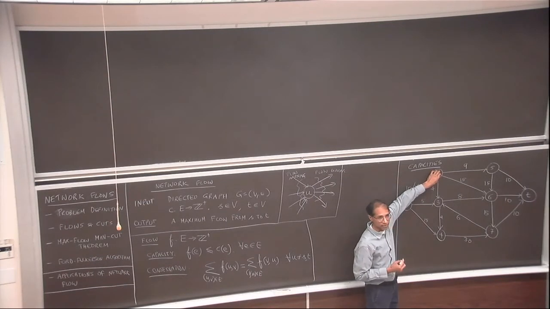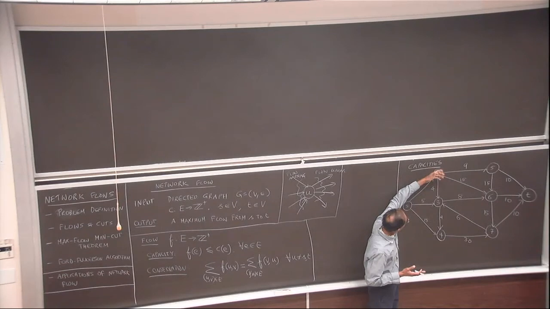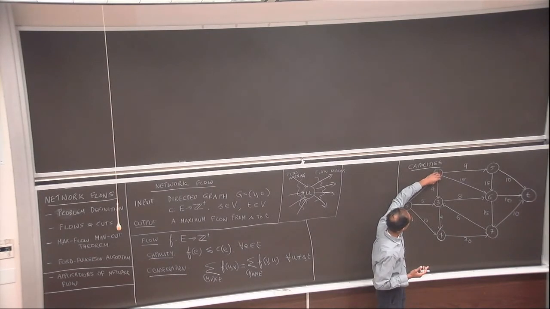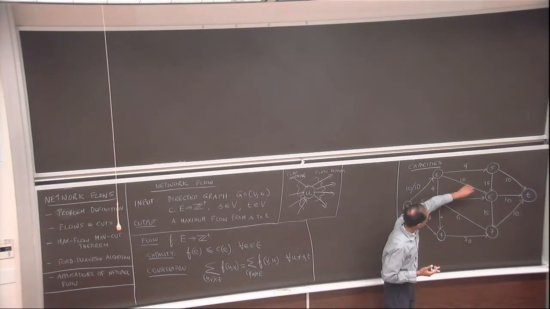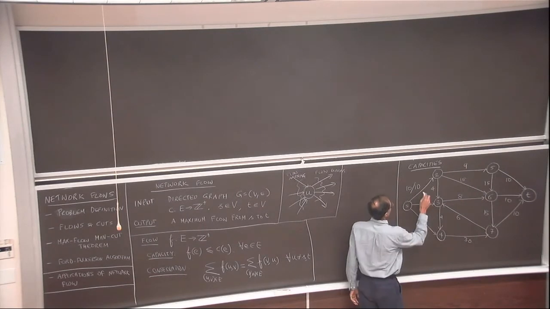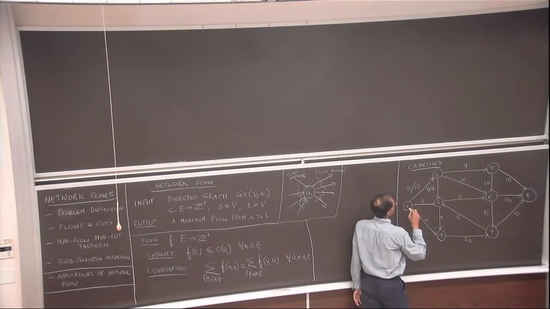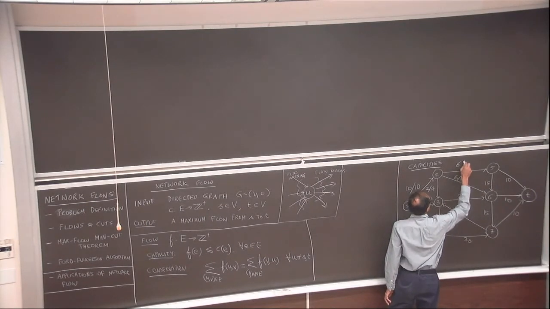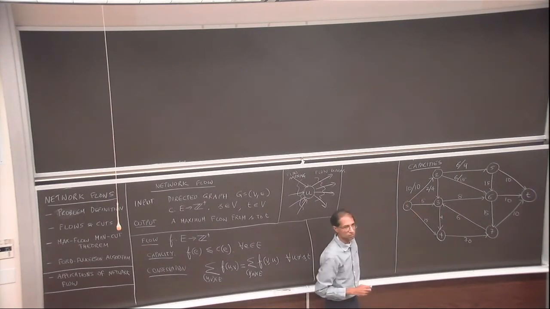Now nothing can collect here, so that 10 units has to leave. Let's distribute it however. Let's say 2 units goes here, 6 units goes here, 2 units goes here. So I'm going to write here 2, 6, 2.